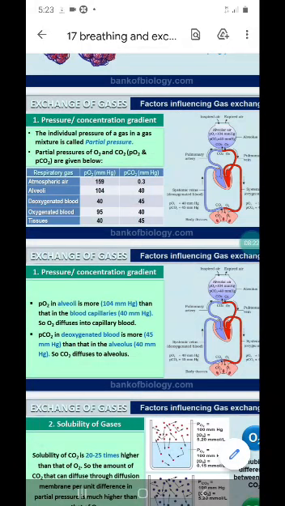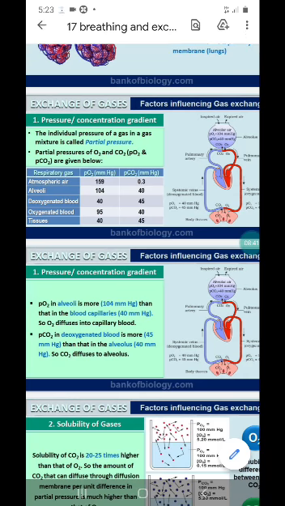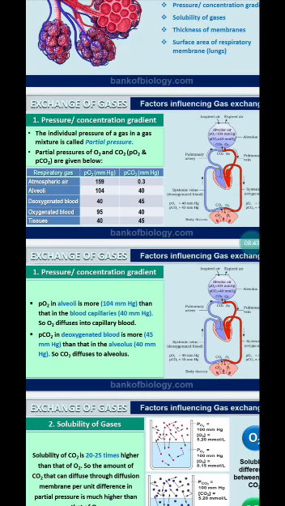So we are coming to the factors influencing gas exchange. The first thing was the pressure or the concentration gradient. The individual pressure of a gas in a gas mixture, in the air, there is a mixture of gases. So the amount of gas in air is called its partial pressure.